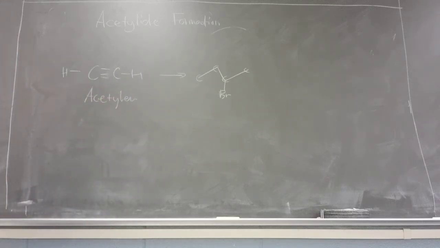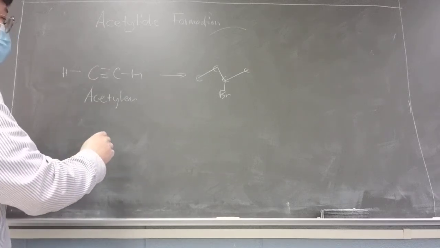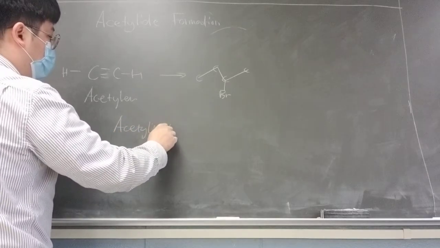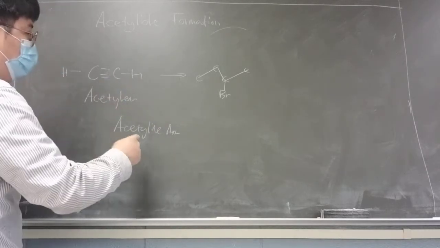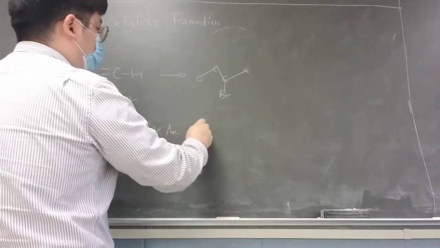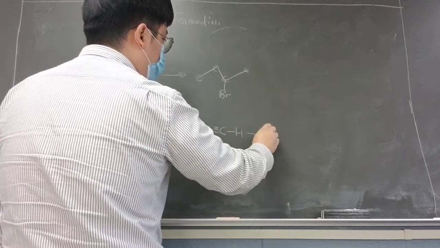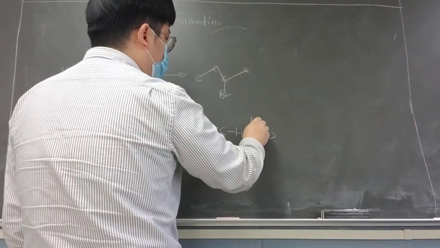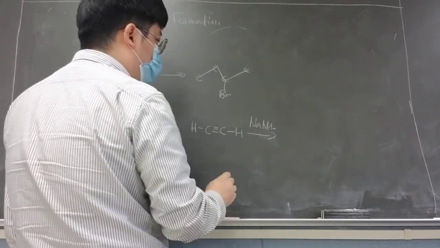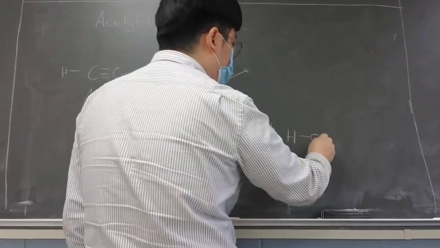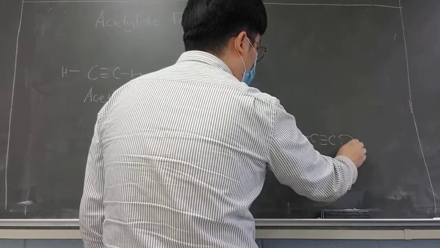So if that is the case, the first thing you need to do is make the acetylide anion first, because this is what we just did. I'm going to treat this one with the same sodium amide. It's a very strong base. I'm not going to show you all the mechanism because you probably know by now why.